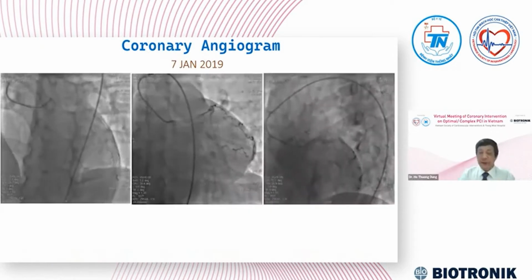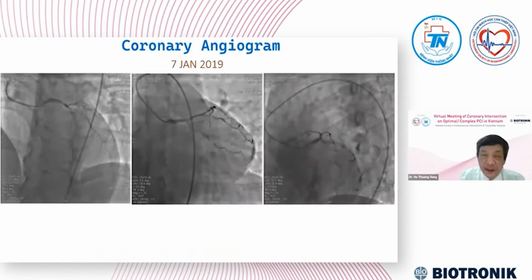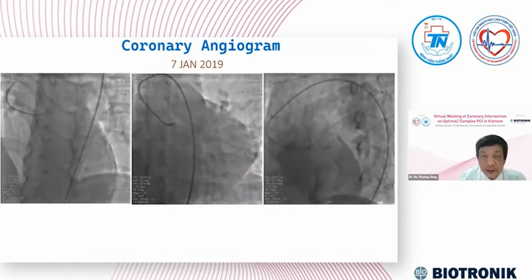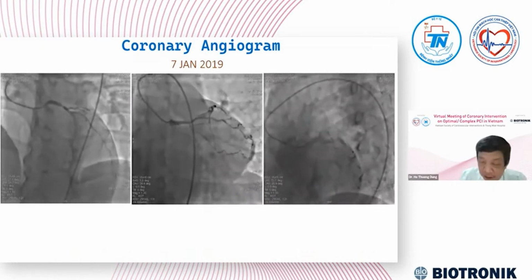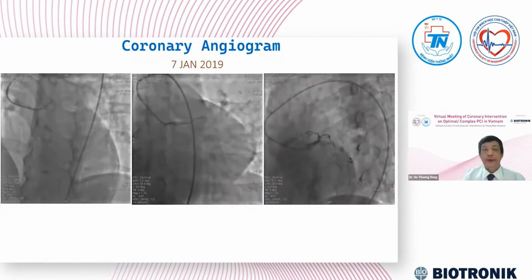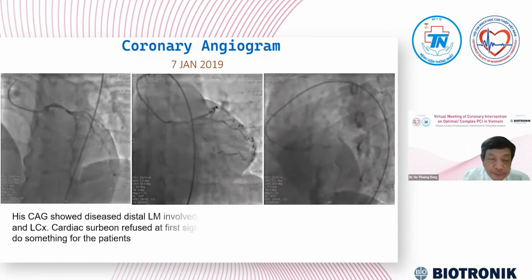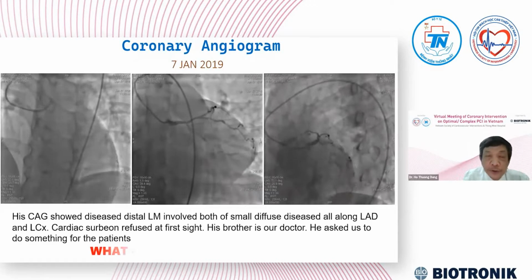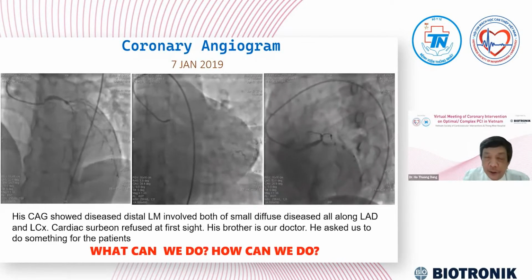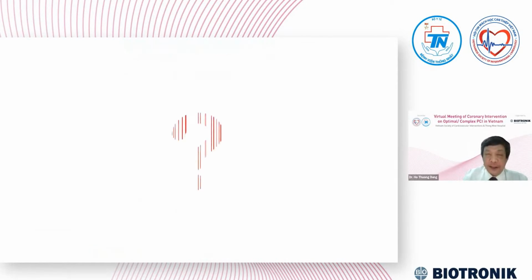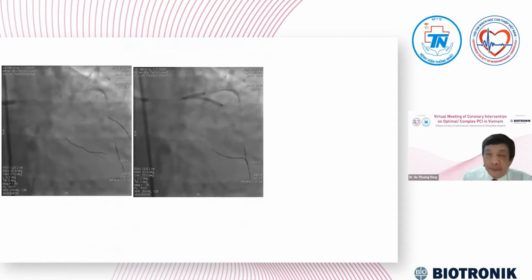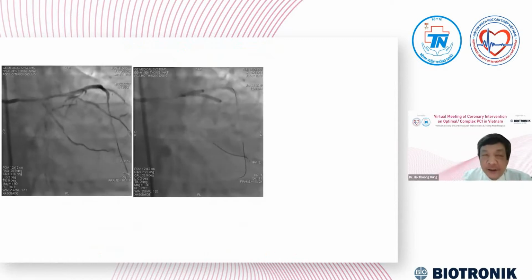His family, my colleague, brought him to us again and asked me to do something. So what can we do and how can we do it? We tried to do something. We planned to treat two bifurcations.